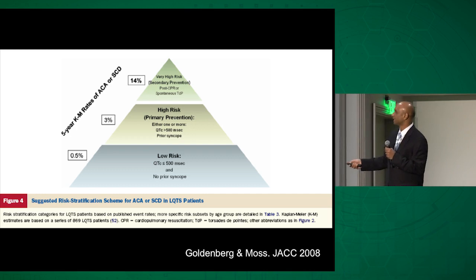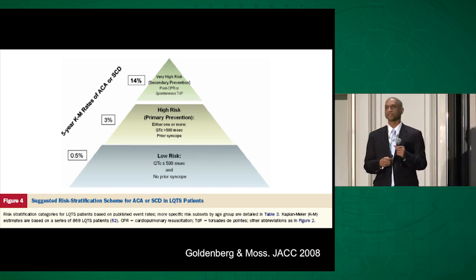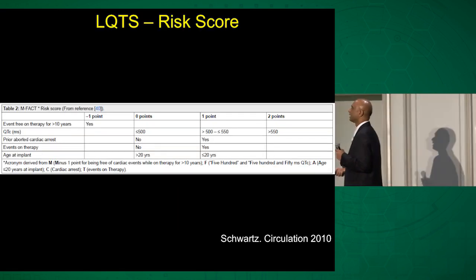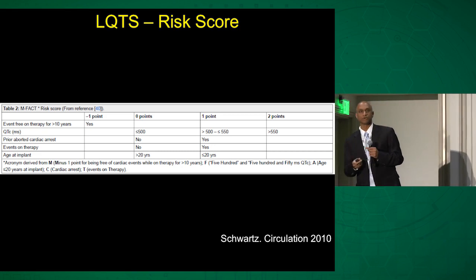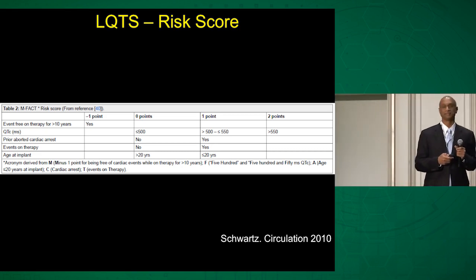People with a QT interval more than 500 or a recent syncope would be what we consider moderate risk. Several other risk stratification scores are being developed, and I'm sure we'll see more modifications in years to come.